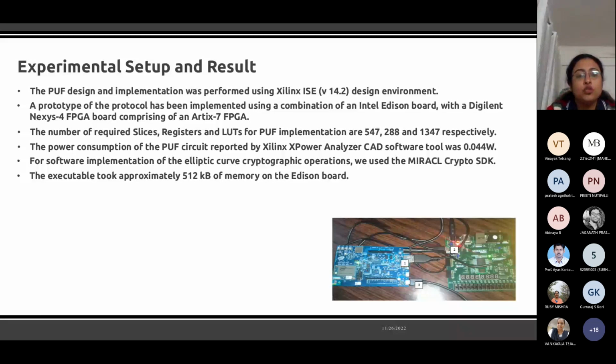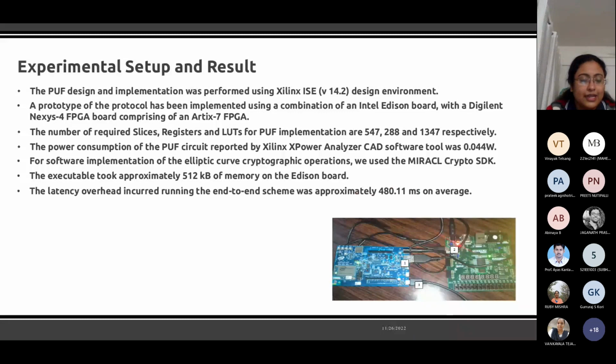The executable took almost around 512 kilobytes of memory on the Edison board. It includes the protocol part and the crypto library part. And the latency overhead incurred running the end-to-end scheme was approximately 480.11 milliseconds on average.